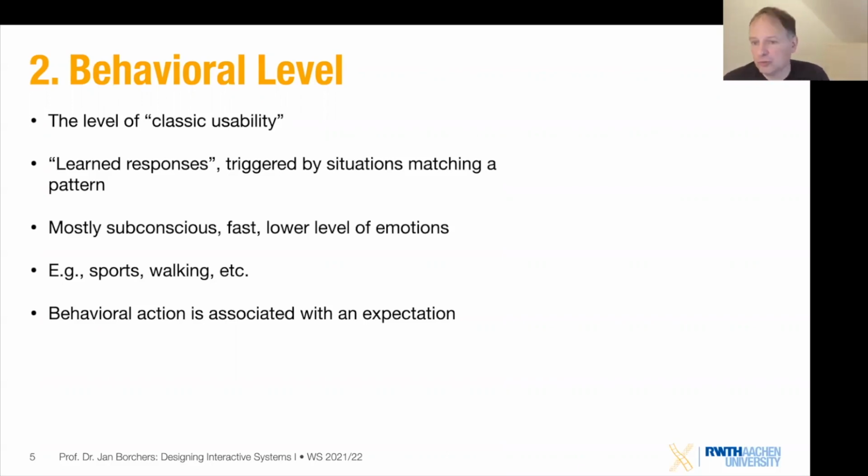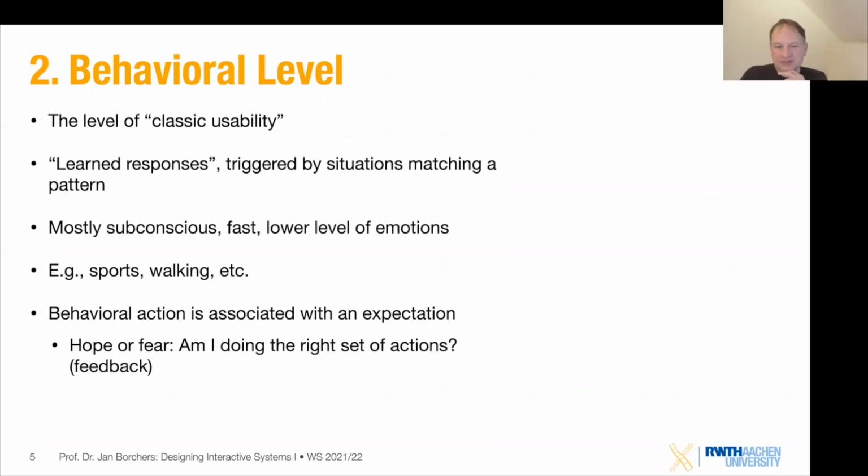For example, hope or a feeling of calmness, I feel confident handling this thing, or maybe a level of uncertainty, maybe even fear of breaking things if I do the wrong action in this interface. So there's already an emotional level at this level, and that is because we have a certain expectation of what's going to happen when we do certain things, and we don't know whether the system is going to fulfill those expectations. We just assume.